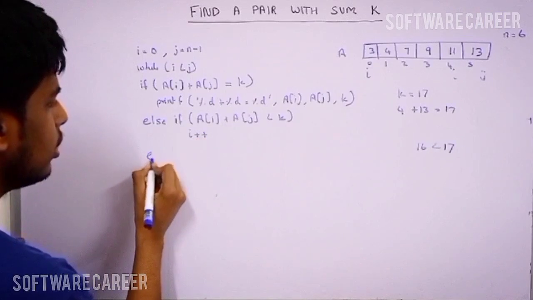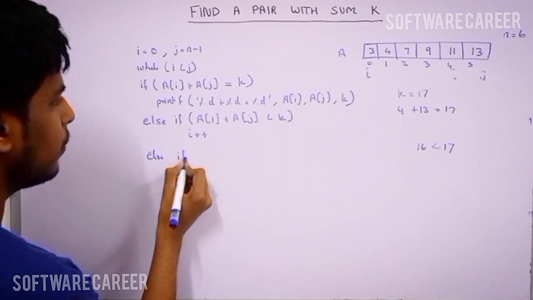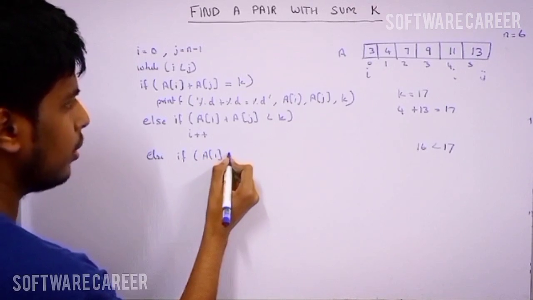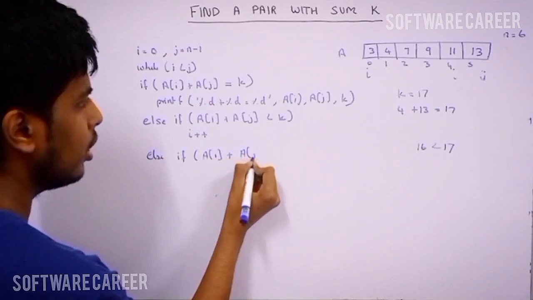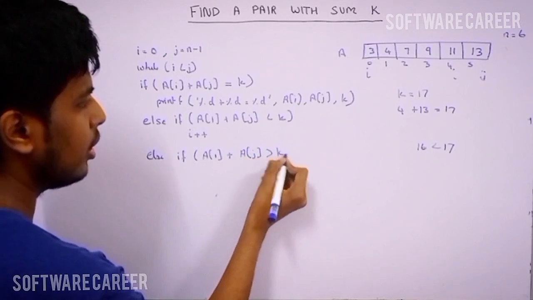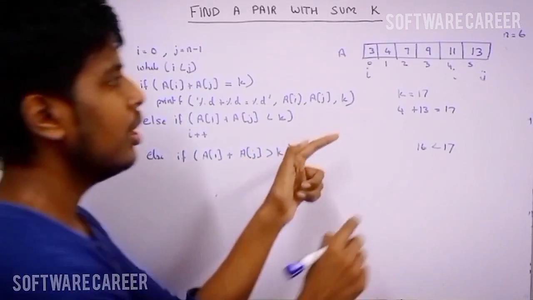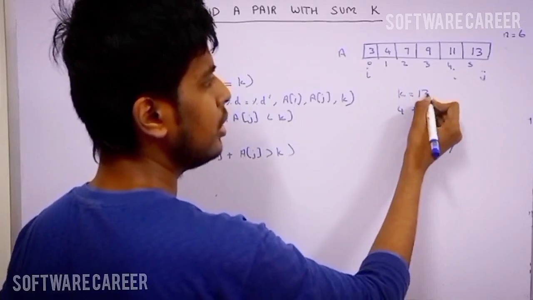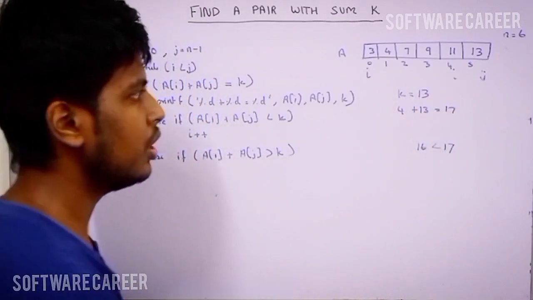Now else if a of i plus a of j greater than k. If this is the condition, suppose you should find the sum which gives 13.